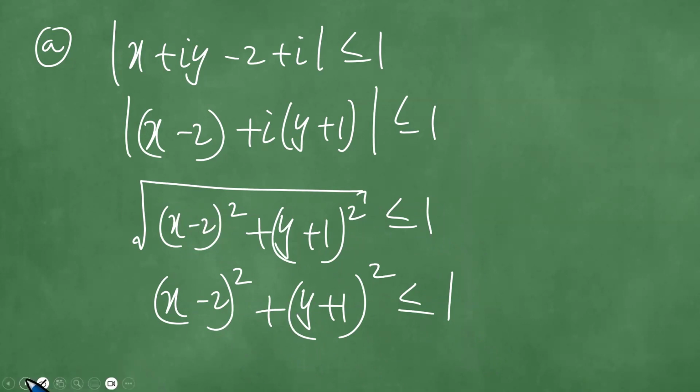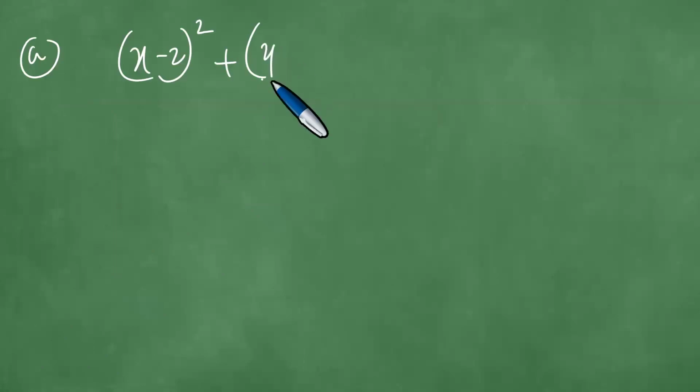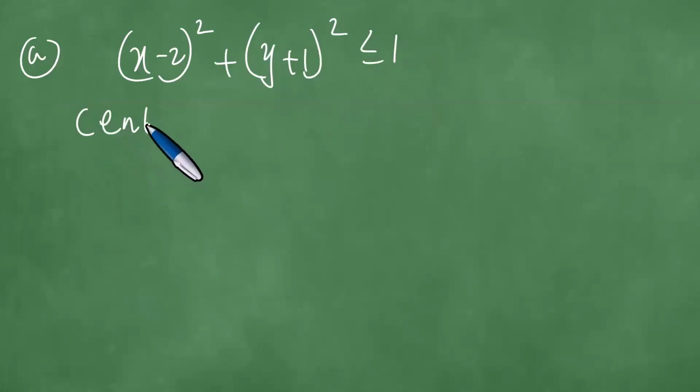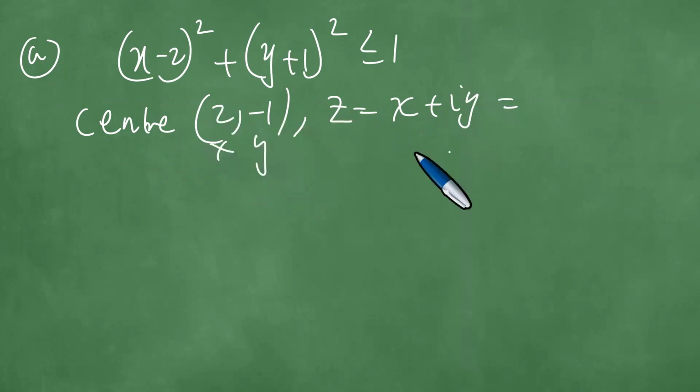Once you get x minus 2 squared plus y plus 1 squared equal to 1, the center involved is 2 minus i. It's always x plus iy, so x is 2 and y is minus 1.